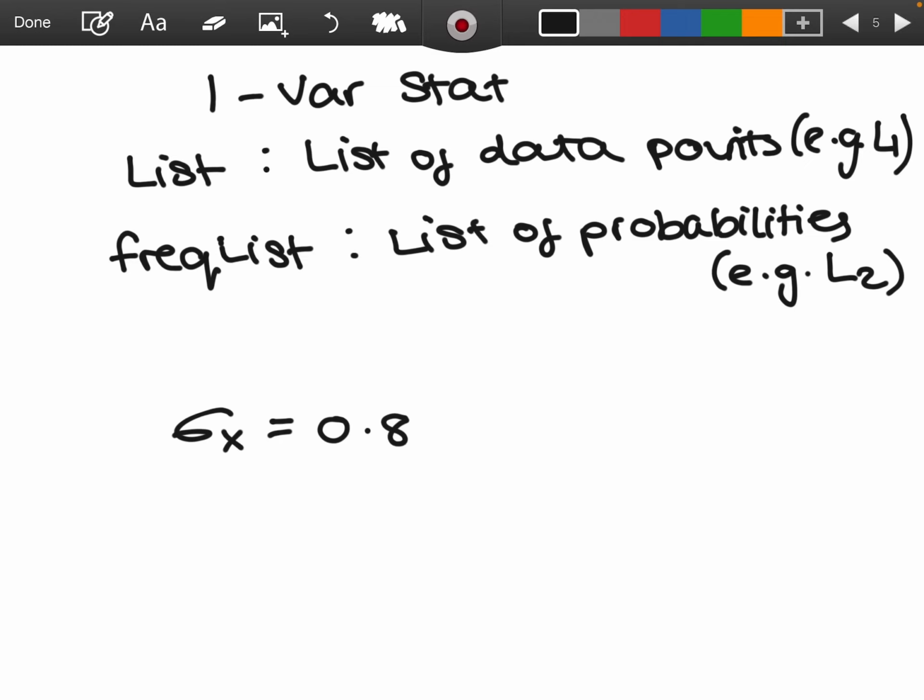If you want the variance, you're going to have to go backwards and square that value. It will give you the standard deviation, but it will not give you the variance. So the variance you're going to have to figure out from the standard deviation. Basically just square it. If we square 0.8, we get 0.64 for our previous problem.